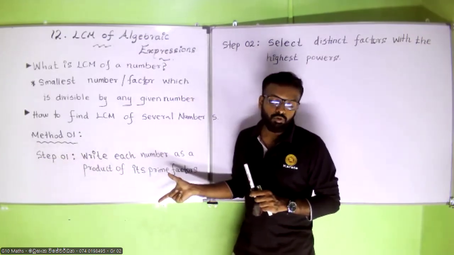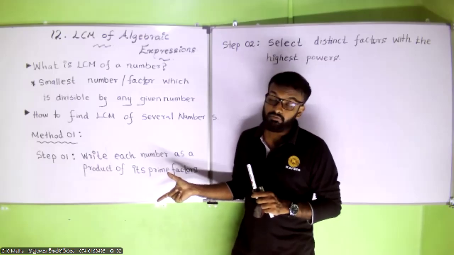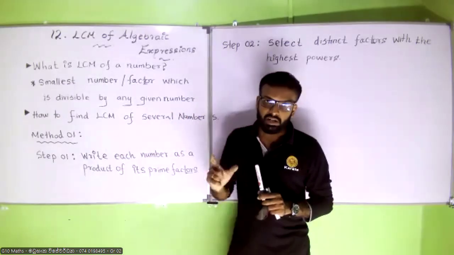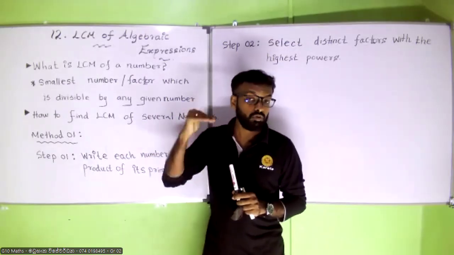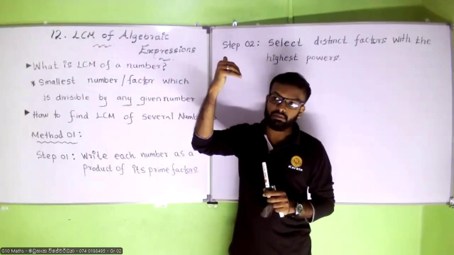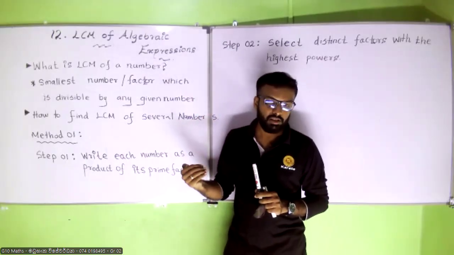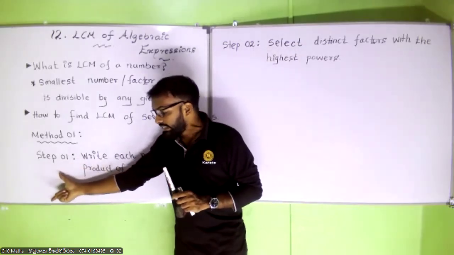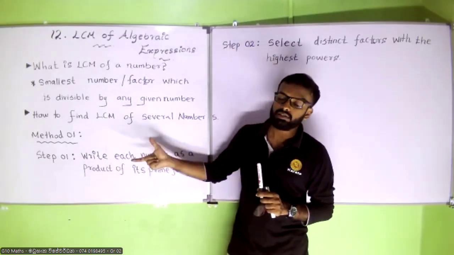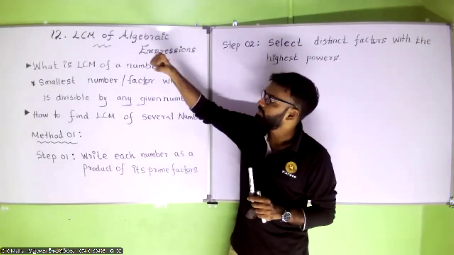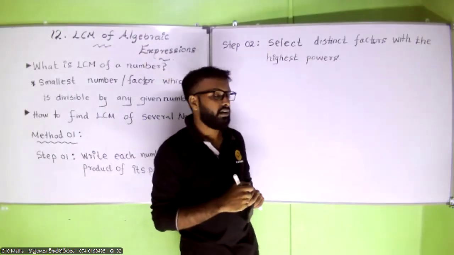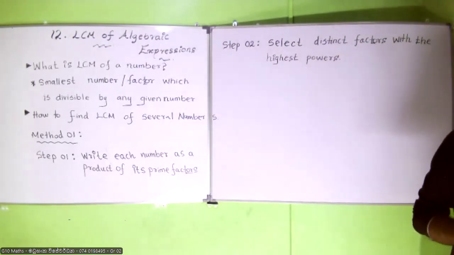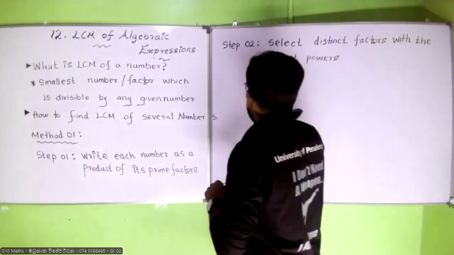If you know how to select distinct factors with their highest powers, when you have different numbers, algebraic terms or algebraic expressions, then this LCM is nothing. So this is one of the things you need to remember. This is step number 2.